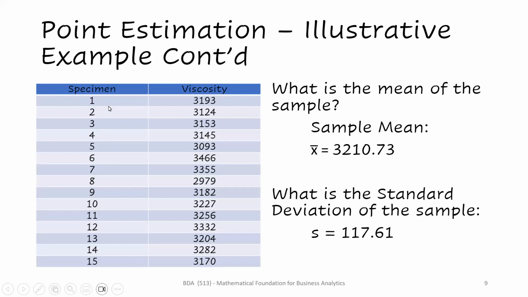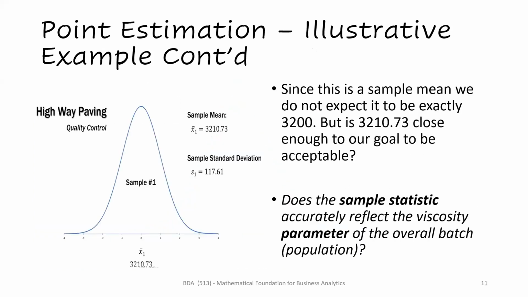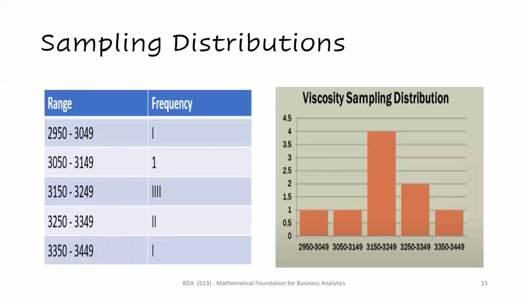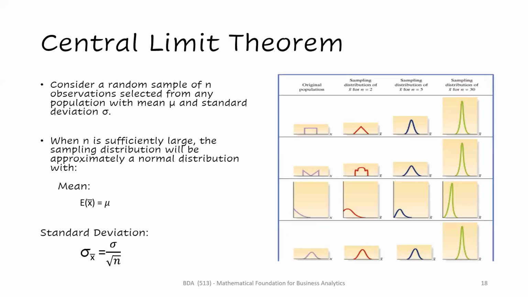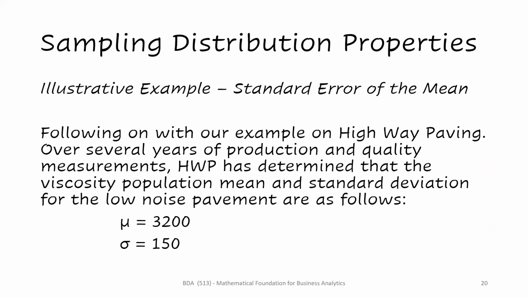Please, do you follow? Okay, so for each sample we have 15 specimens. So the sample size is 15. So our N is 15.